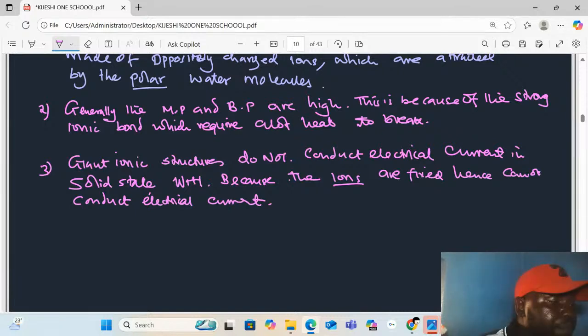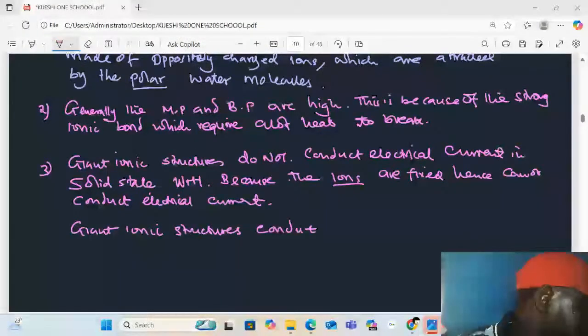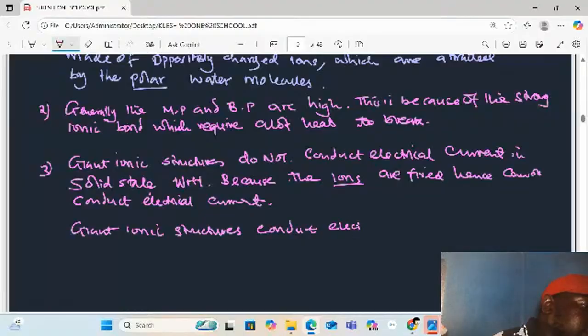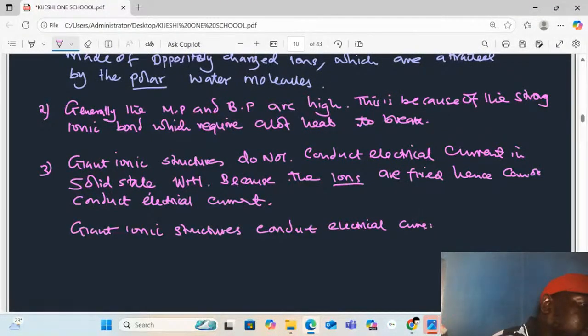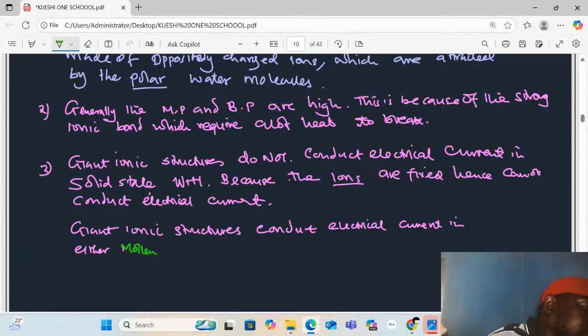What else can happen? Ionic structures conduct electrical current in either molten or aqueous form or solution.